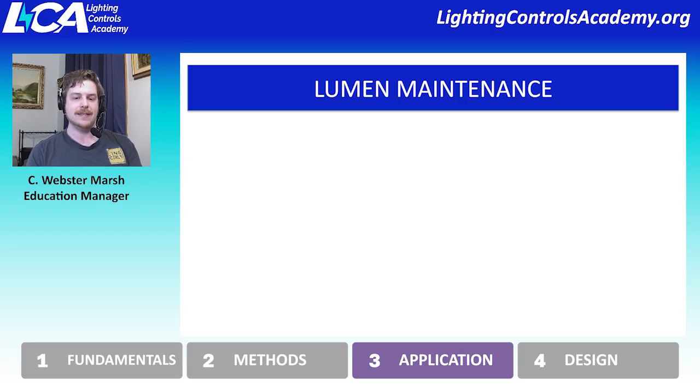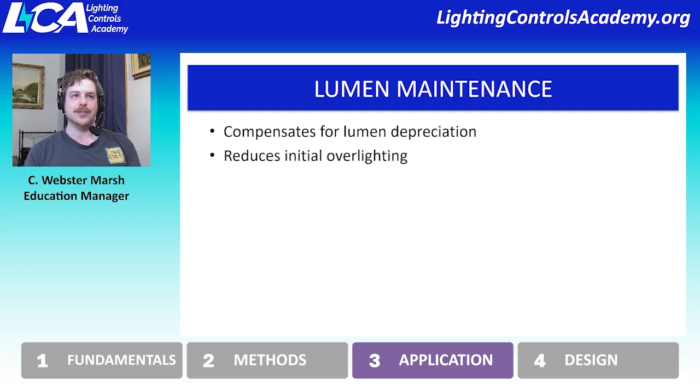Lumen maintenance is where we are trying to compensate for something that is harder to measure, but important to keep in mind, which is the fact that over time, the amount of lumens a fixture provides will depreciate. So when we make sure that we have enough, maybe even a little bit more lumens in the fixture than we need, we can trim that top range out with high-end trim.